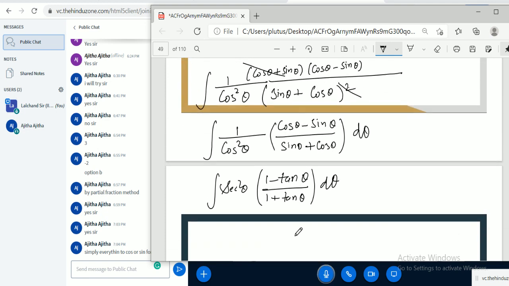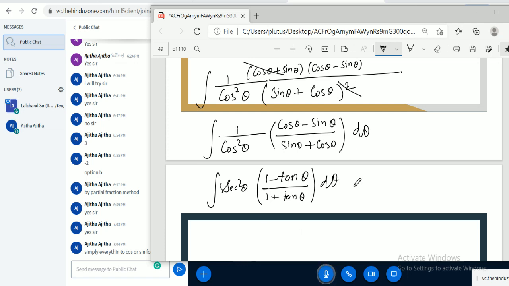Okay. So now, how to solve this expression? Now we can make substitution tan theta equal to t, isn't it? We can use substitution now.